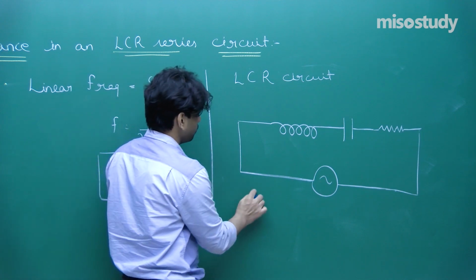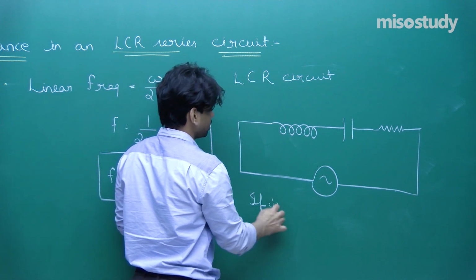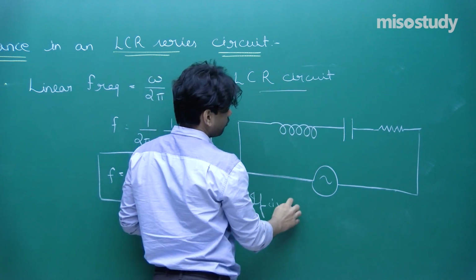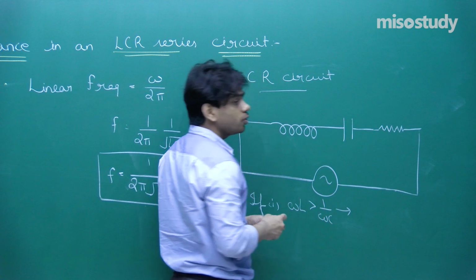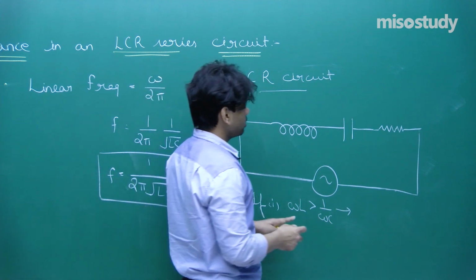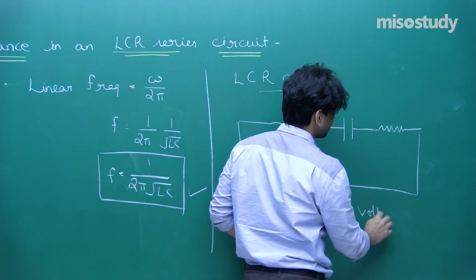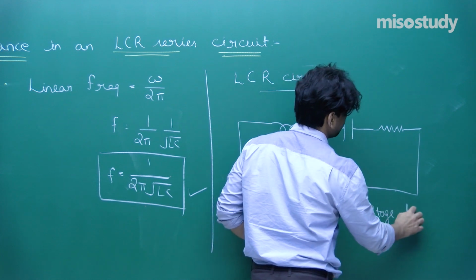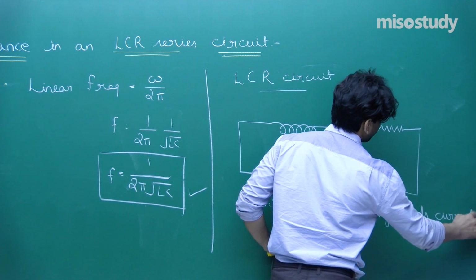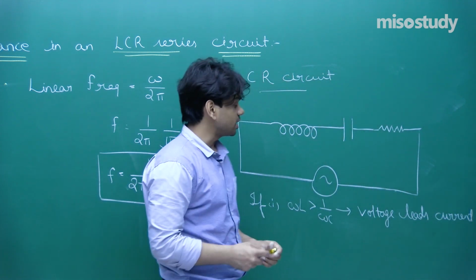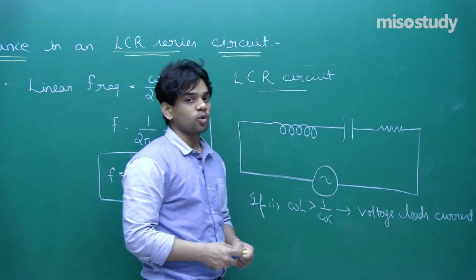First, if omega L is greater than 1 upon omega C, I am going to write it as voltage leads current, and you can easily check in your copy. If you have taken the notes of last class, you can easily mention that voltage leads current when omega L is greater than 1 upon omega C.